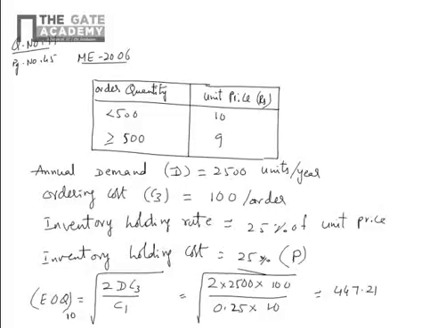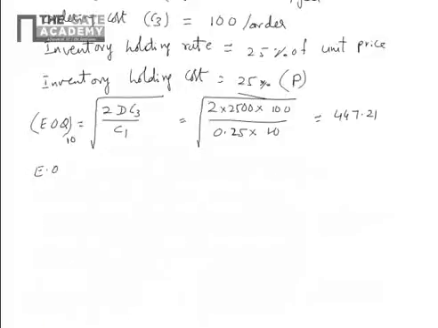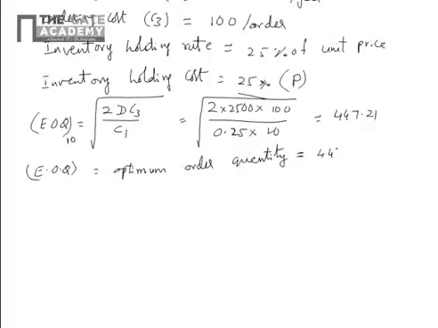As per EOQ, for 10 rupees the economic order quantity is less than 500. We got less than 500. So the optimum order quantity is 447.21 units.